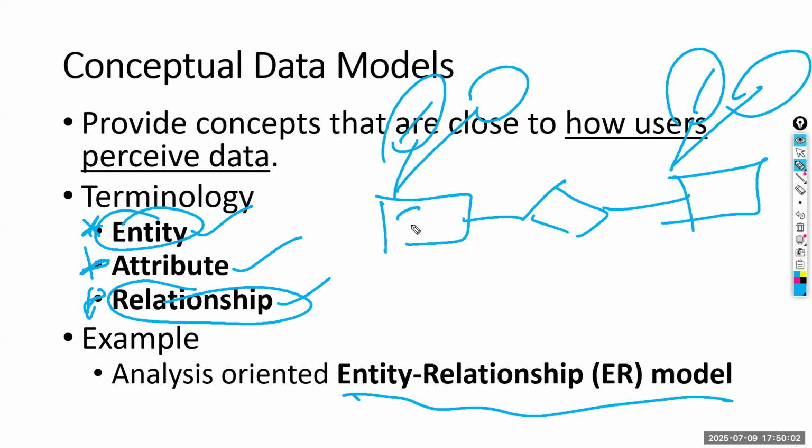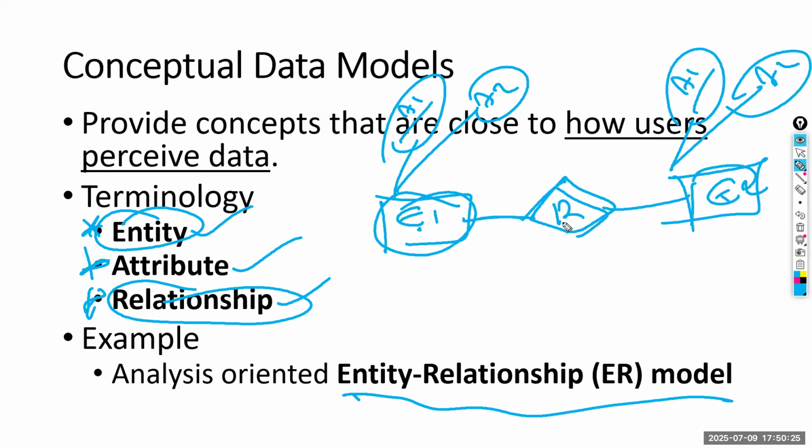This is an entity. This is an entity. This is a relationship. And this is an attribute. So entity relationship, because entity has attributes, we don't call it entity attribute relationship, just entity relationship model, ER model. Entities and their relationships. Is it clear?